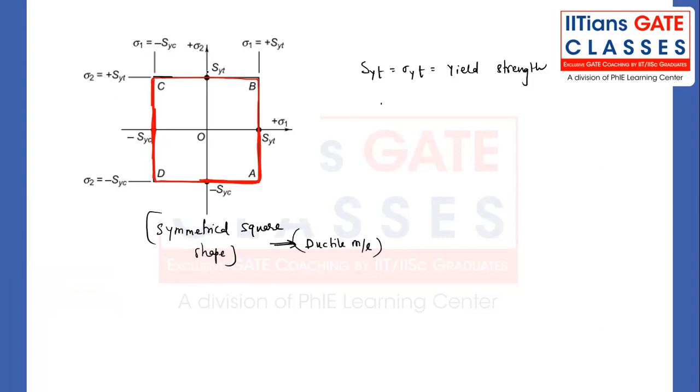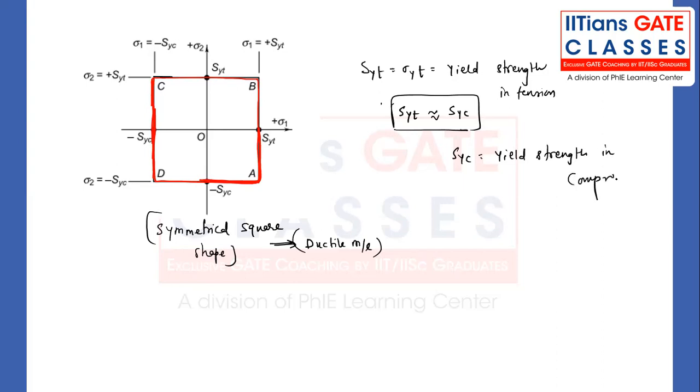Because for ductile material, whatever the SYT is, it is almost equal to SYC: yield strength in tension, yield strength in compression. Getting my point? For ductile material, we have it like this.